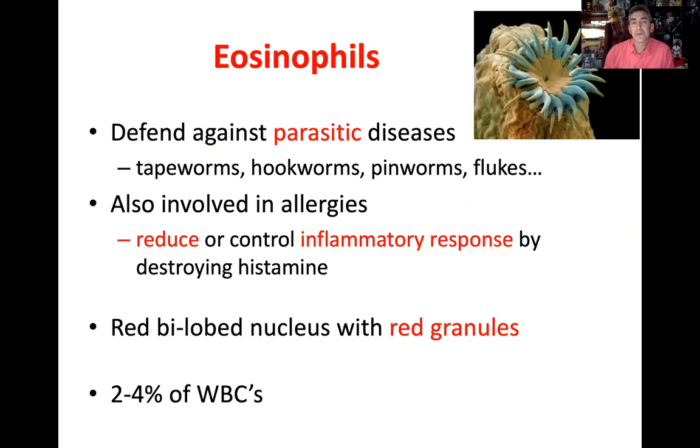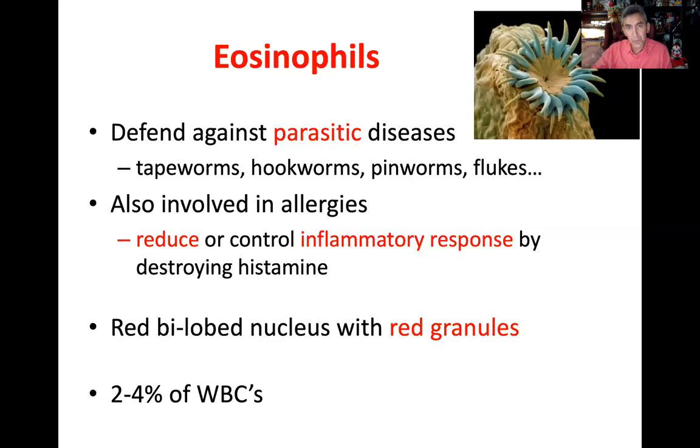Eosinophils, right? Eosinophils are, again, one of the least common. Eosinophils are specialists against parasites: parasitic worms, tapeworms, hookworms, pinworms, flukes. I'm going to guess that right now in a civilized society, very few people are infected with parasitic worms.